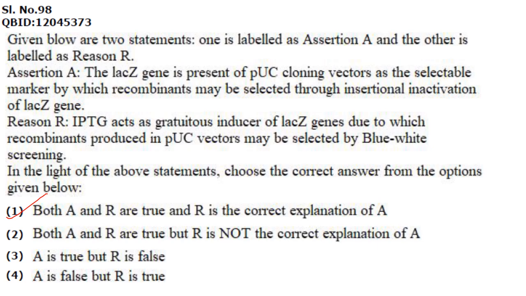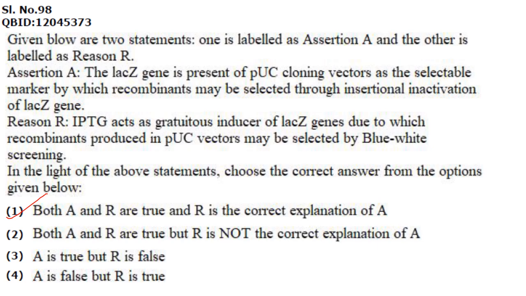Because of the presence of multiple cloning site, you can insert any gene of interest. So once you insert a gene of interest in the LAC gene, LAC-Z gene will get inactivated and you will get white colonies. So your recombinants will be white colonies and blue colonies. That is because the LAC-Z gene that doesn't have the insert in it will give rise to blue colonies, and IPTG is acting as the inducer of LAC-Z gene. So both A and R are true, and R is the correct explanation of A.